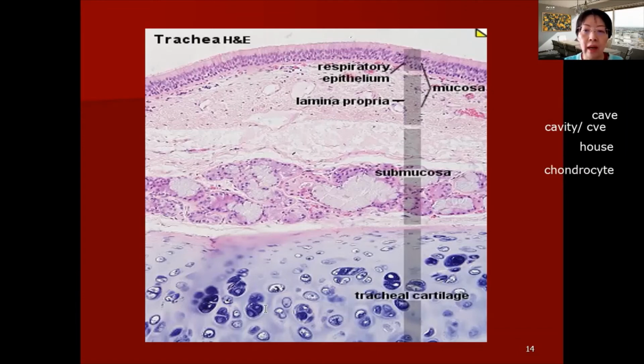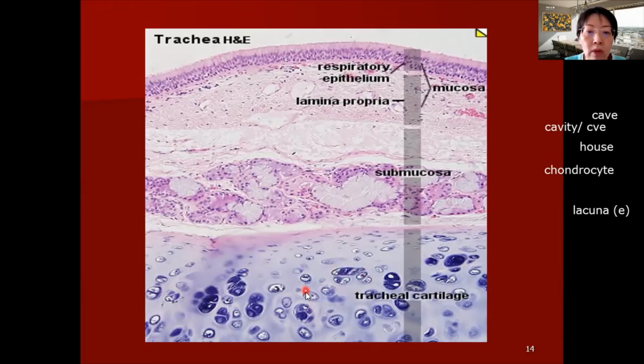Okay. And then the cavity is called the lacuna. One lacuna, many lacunae. Every lacuna can house 2 or more chondrocytes. So this one is one lacuna, there could be maybe about 4 chondrocytes.